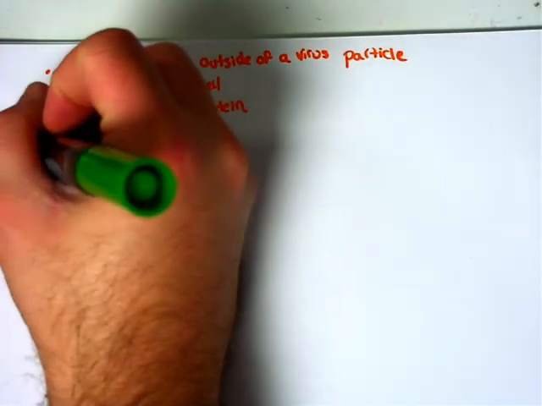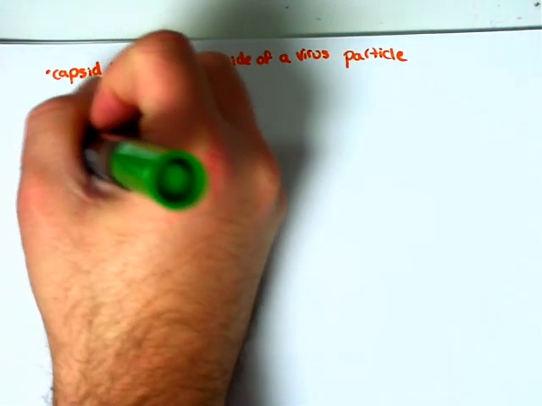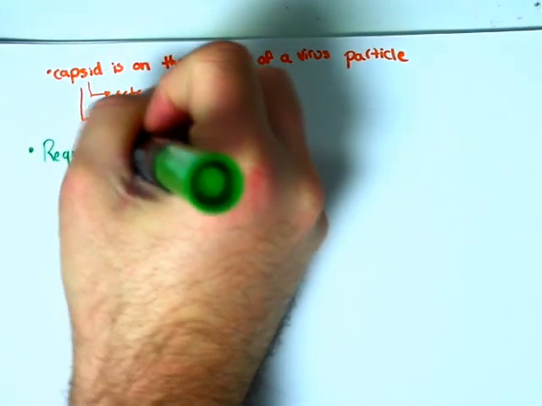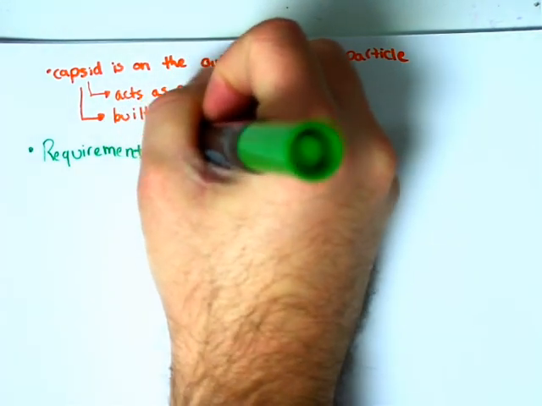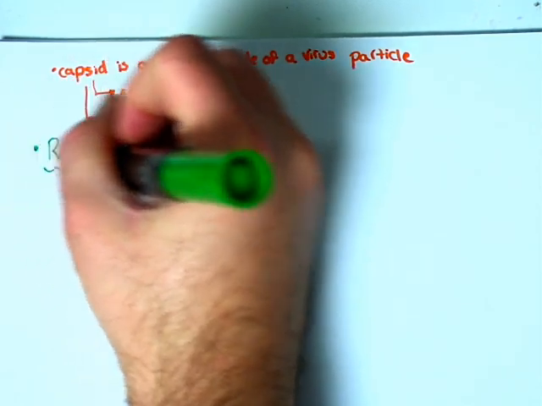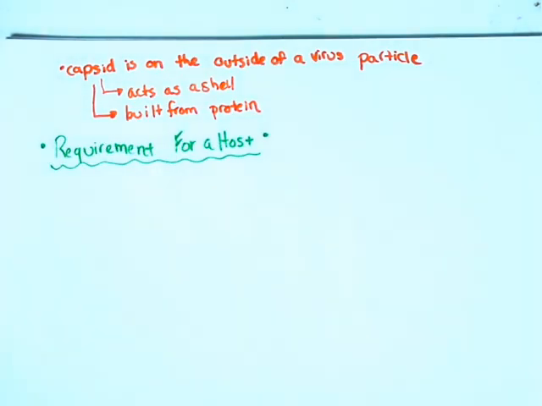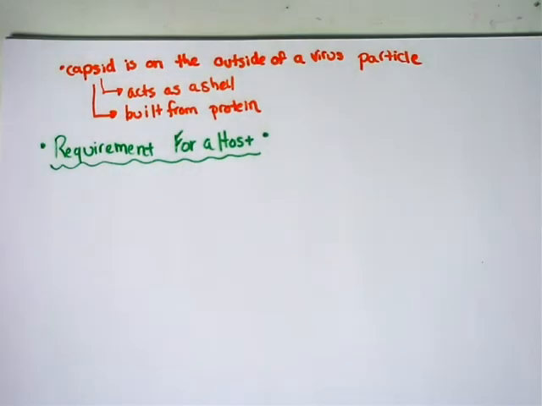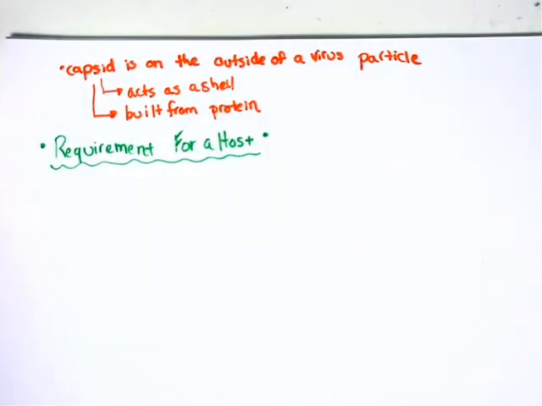I think our discussion would have to start by talking about the requirement for a host that all virus particles have. We have said earlier that viral particles could not be classified as cells. Any cell is going to have an ability to reproduce, an ability to metabolize, and can be derived from parental cells and can make their own new cells.